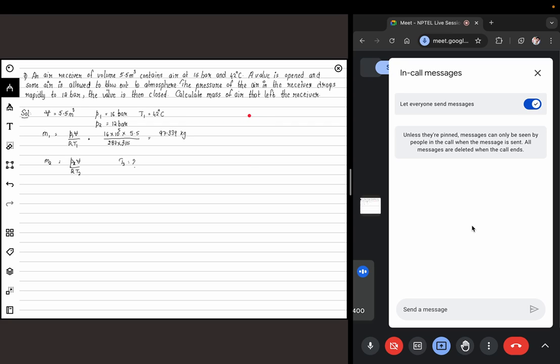If you consider this as your vessel that is connected to some valve, and this is my boundary, when the valve is open, the mass inside the container is continuously decreasing. The volume is constant, but the mass is continuously decreasing. So you cannot directly use the relation PV to the power gamma equal to constant.